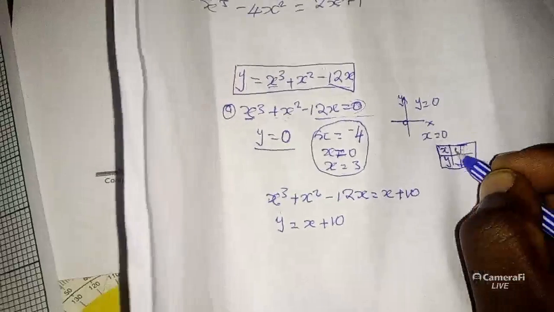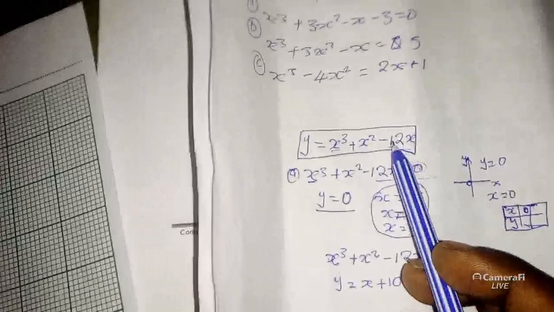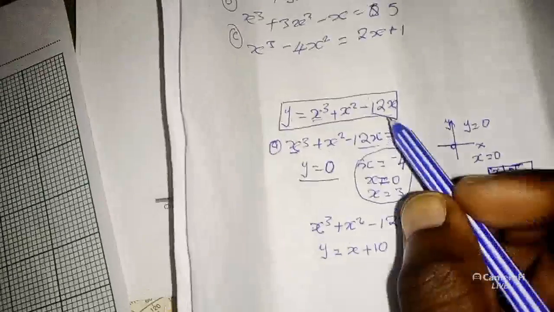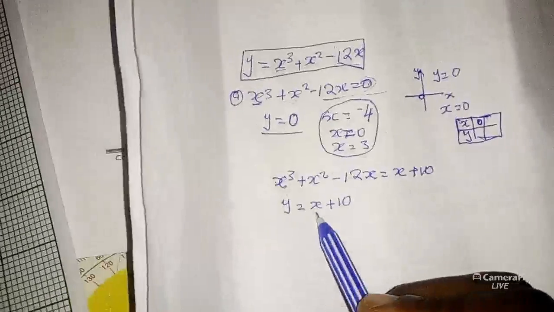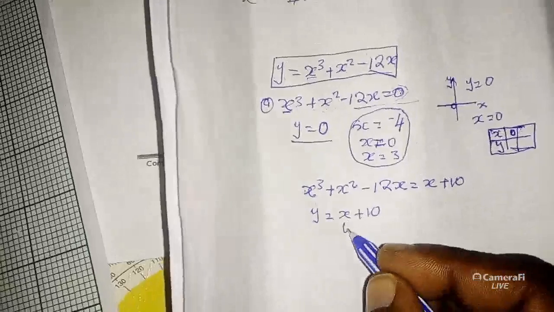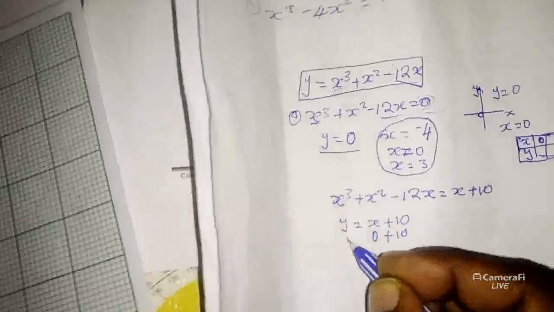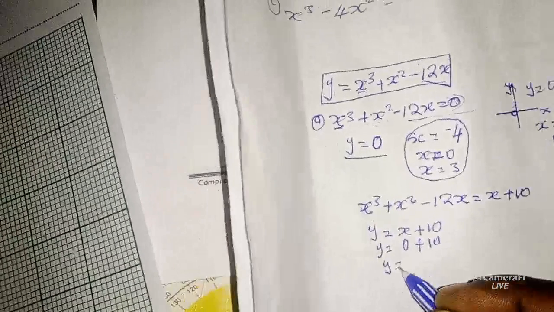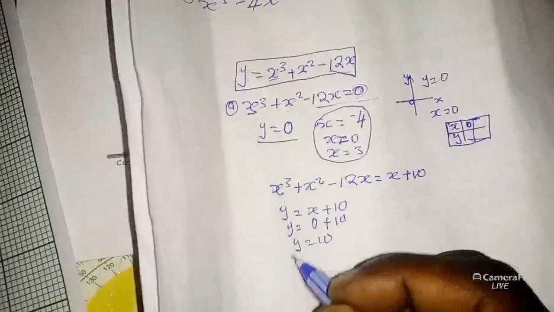If x is 0, I come to this equation and where there is x, I put 0. Then I write plus 10. So y is equal to 10. That is my answer.